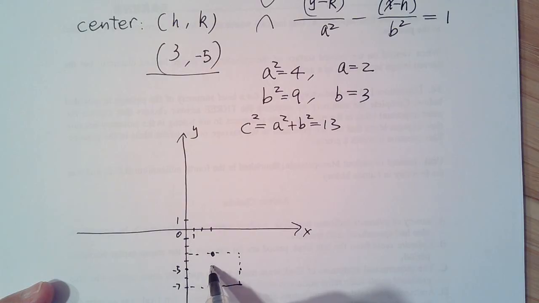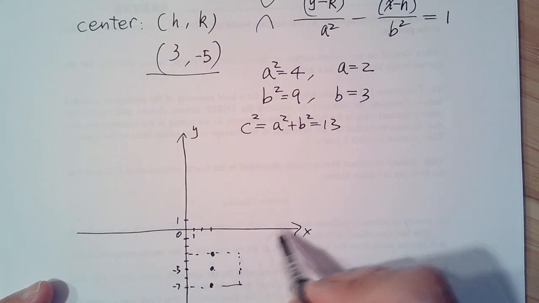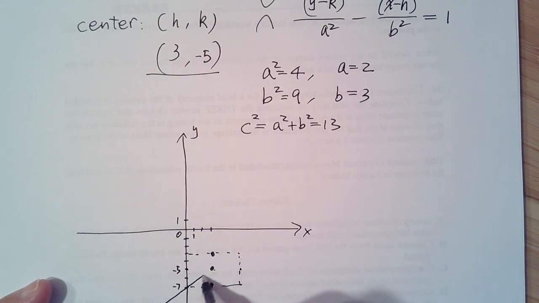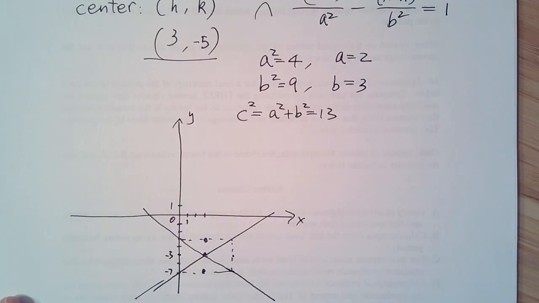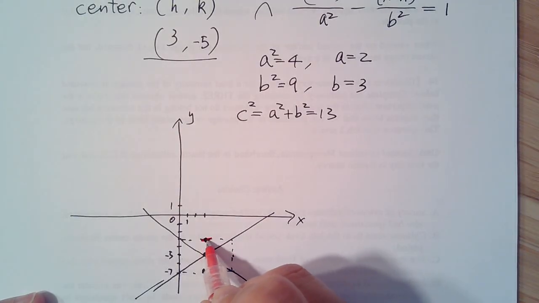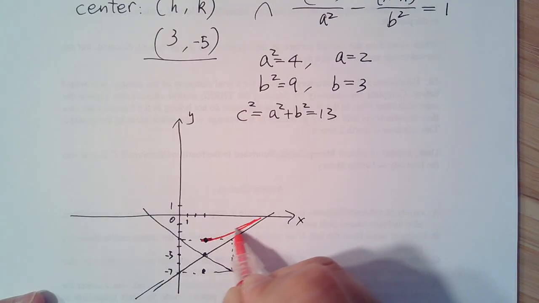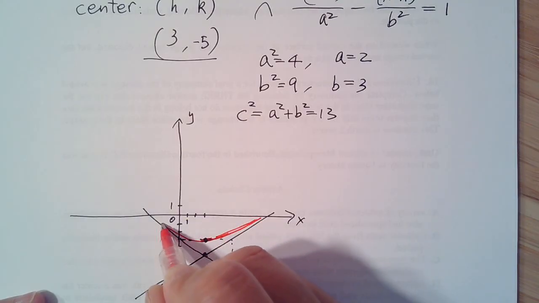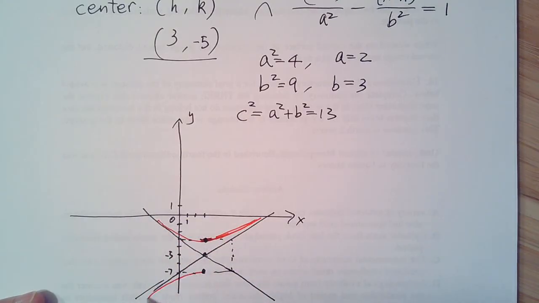So I go up and down by 2, left and right by 3, and then I can go ahead and draw the asymptotes, and when I graph, I know it's going to be up and down. There you go. That's it.